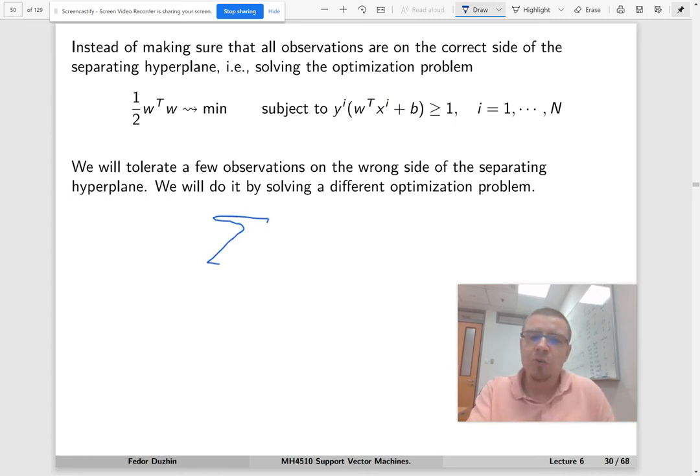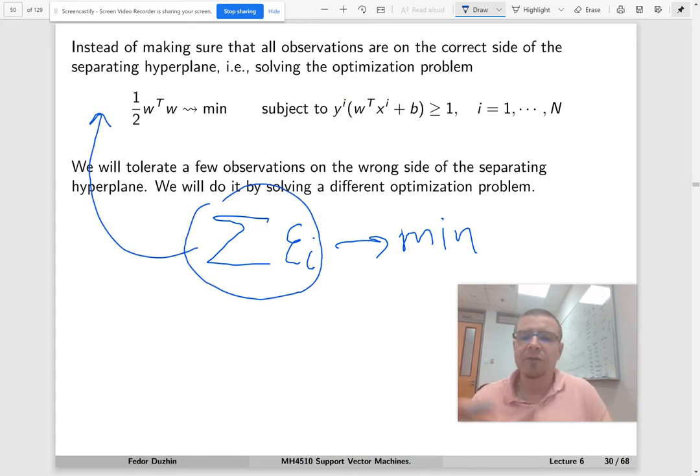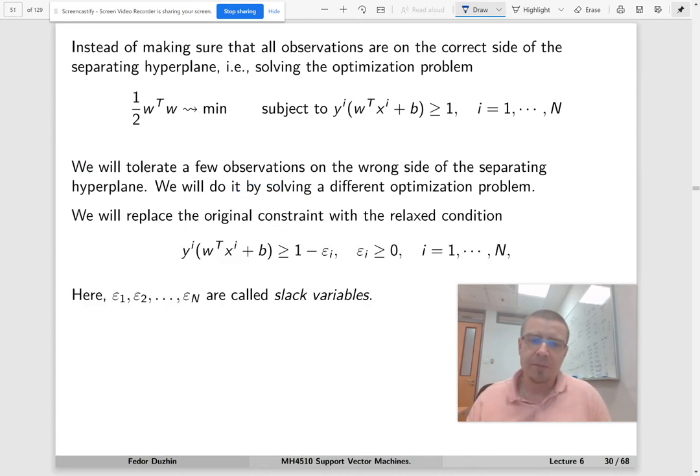So we want the sum of all these epsilons to also be as small as possible, which means that we are going to take the sum of epsilons and add it as a regularization term to our objective function. So we're going to relax the constraint: instead of bigger than or equal to 1, our constraint is going to be bigger than or equal to 1 minus epsilon i.